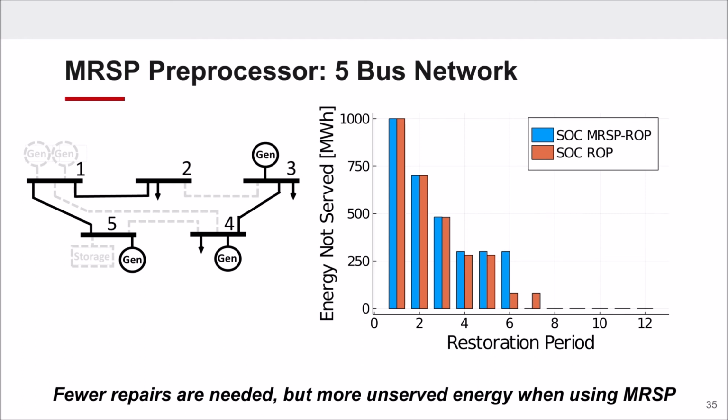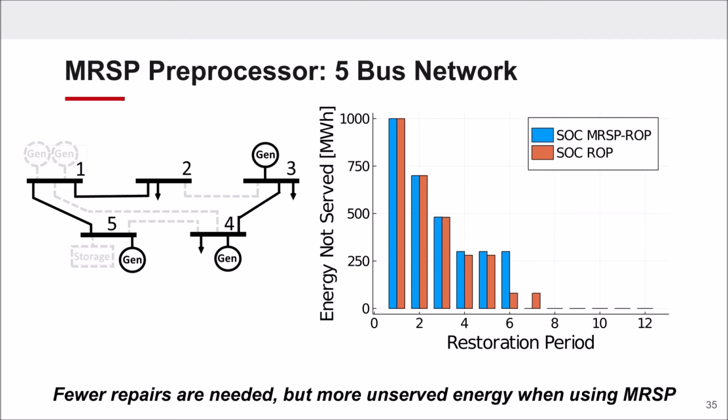The dashed gray ones are not needed in order to fully supply power in the network. On the right-hand side, you can see in the orange is the same solution for the second order cone restoration ordering problem that we saw two slides ago. And then in comparison, we're looking at the blue, where we use that preprocessor to down select the number of considered repairs in this problem.